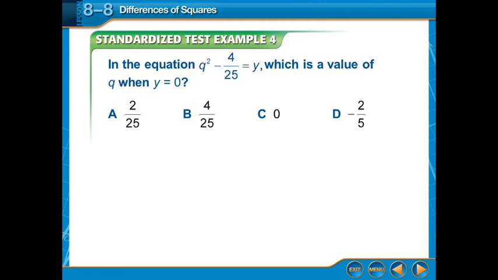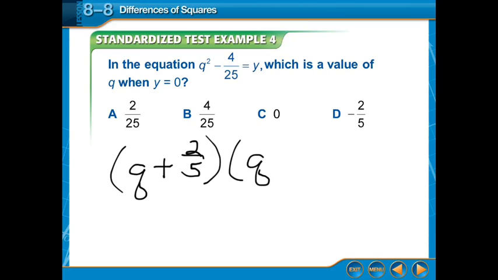And so if you are looking at this, you can ask yourself, what's the square root of q squared? What's the square root of 4 over 25? And I simply do it this way. I've got q plus 2/5, and I have q minus 2/5.